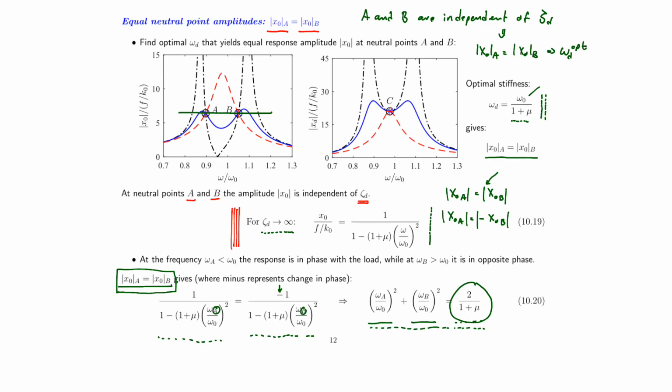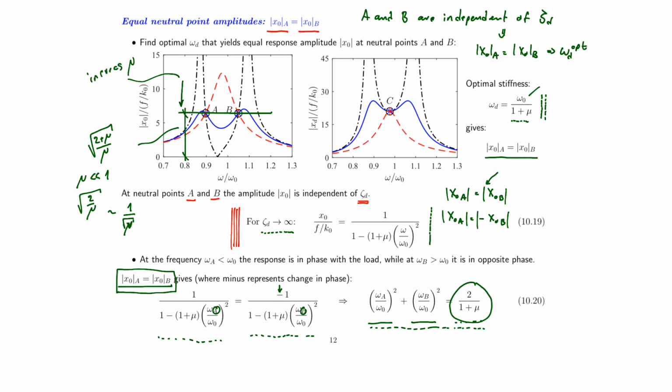And therefore, we get this final solution for the dynamic amplification factor at the two neutral frequencies. And if we take a look at my green line on this structure here, we find that the value is the square root of 2 plus mu divided by mu. So for small mass ratios, which we typically assume, we get that the value is then equal to 2 divided by square root of mu. And that means it's proportional to 1 divided by square root of mu. So if we want to bring this level down, we should then increase mu.